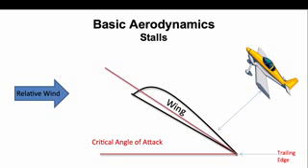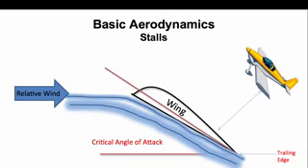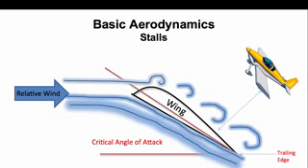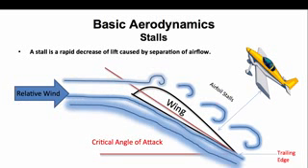It is also caused by the disruption of the airflow from the upper surface of the wing or airfoil. The airflow then separates at what's called the trailing edge. The airflow progresses forward until the wing is fully stalled. Therefore, a stall is a rapid decrease of lift caused by separation of airflow.